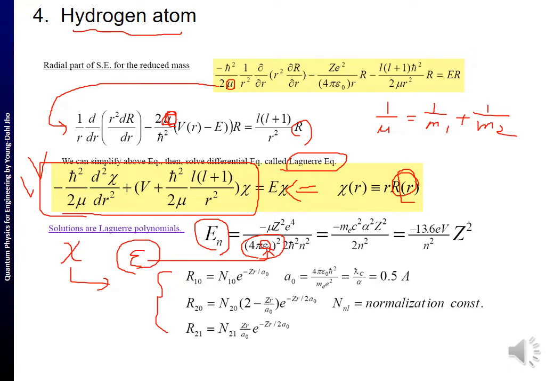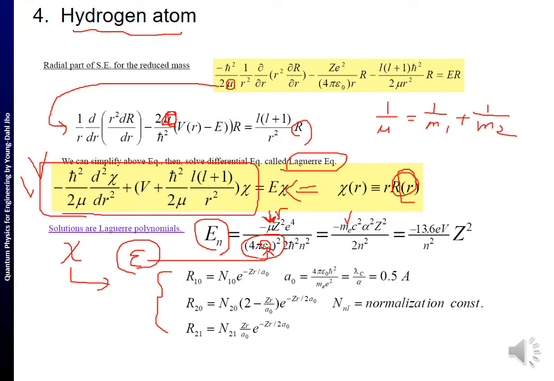It is usually 10 times larger than epsilon 0 in semiconductors. And mu is almost the same as the effective mass because the proton mass is too heavy. So we now change it into Me, the electron effective mass.